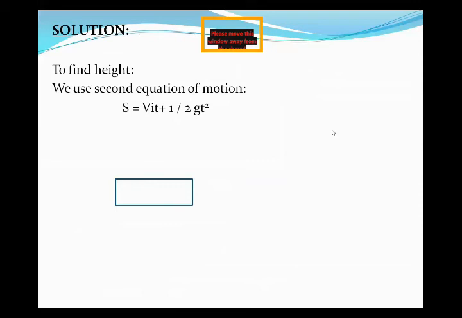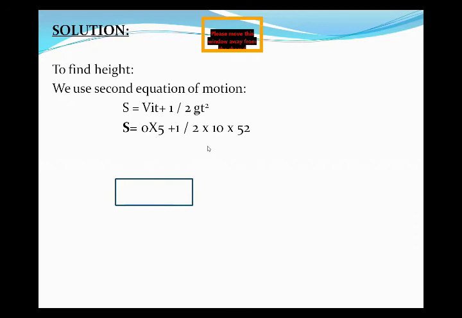Now here why we are using only the second equation of motion? Because here vf is not given. If the vf is given, then we can also apply the third equation of motion. Now computing their values, here vi is 0, time is 5, 1 upon 2 remains same, g is 10, and t is 5 square.